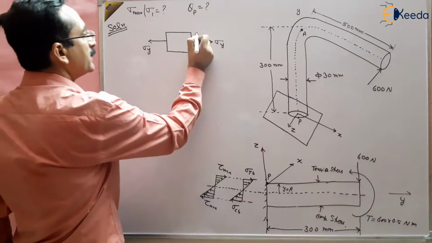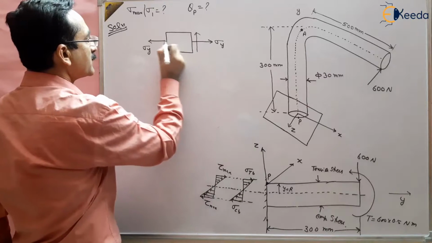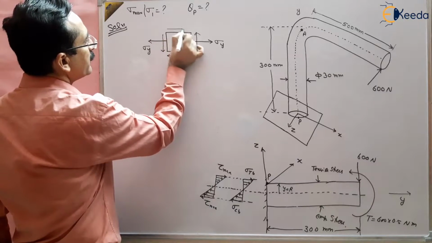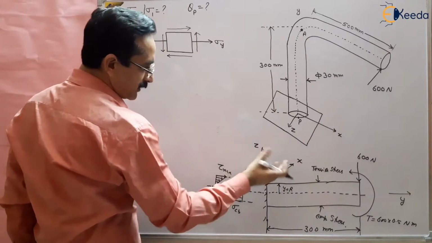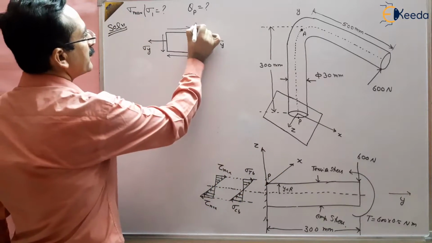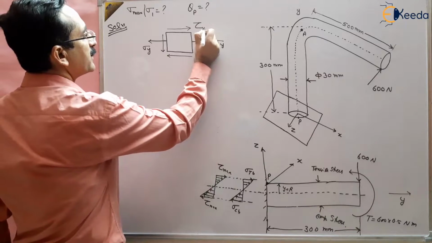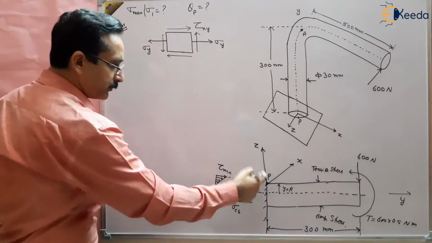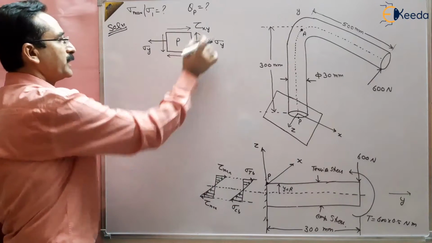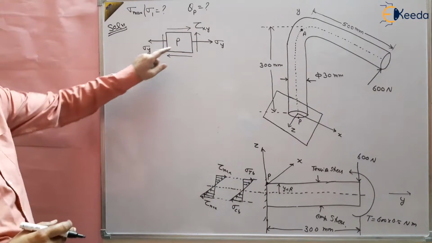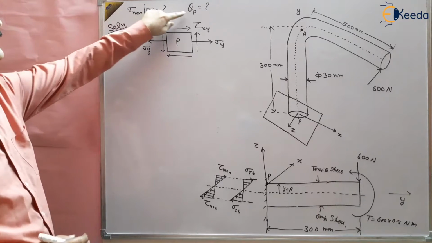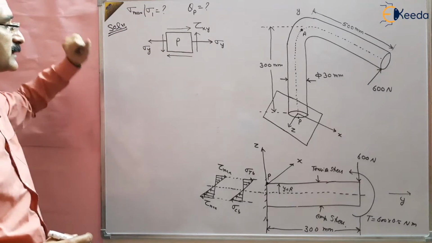And also the shear stress condition is given, whose value we have already found out. Say this is tau xy. So this is the stress condition of point P, and we have to find out the maximum value of the principal stress and also the plane at which this principal stress acts.